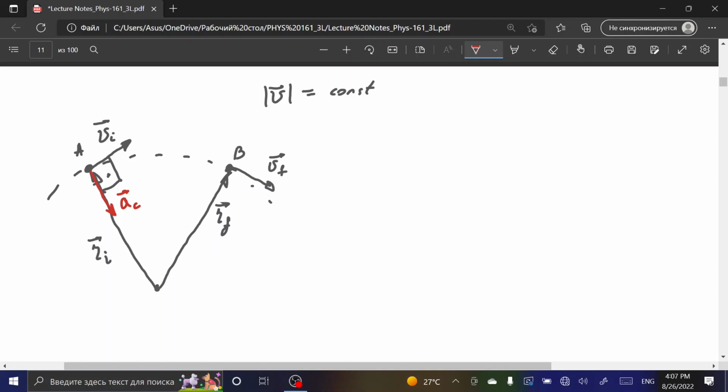It is parallel to the radius vector, but pointed in the opposite direction. We always have the position vector pointed from the curvature center towards the position of the body, and the centripetal acceleration vector is pointed in the opposite direction, toward the center of the curvature. The same will be here, we have this centripetal acceleration vector.